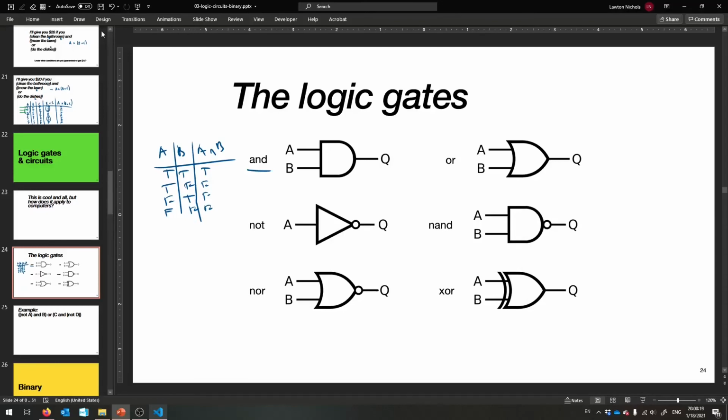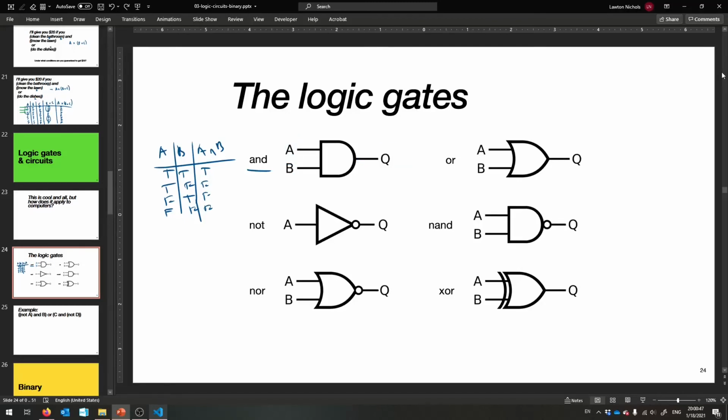Well, what if you made this in electronic form? If you sent in on the A wire a high voltage, and you sent in on the B wire a high voltage, this circuit might output a high voltage for truth. And similarly, if one of them was a low voltage, doesn't matter what the other one was, high or low, you're getting low at the end.